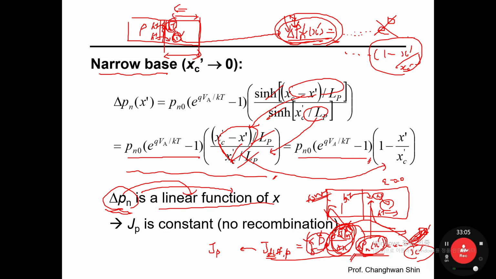Whatever additional terms are multiplied to the constant, the result is still constant. So the whole diffusion current density becomes constant. That is the main reason I have written down here that J P is constant, with the basic assumption that no recombination happens.